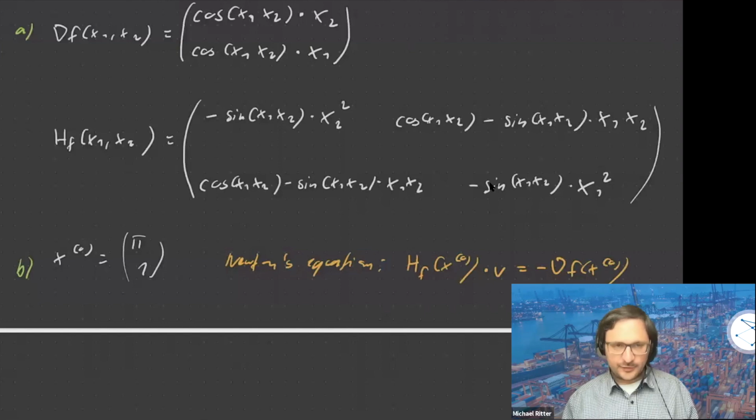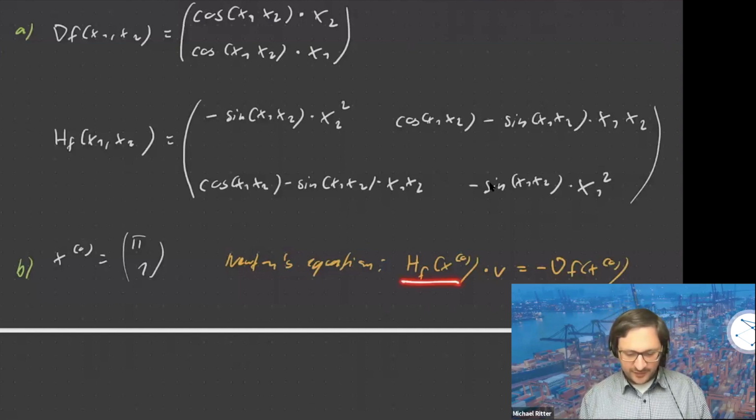So that's Newton's equation. So to write that down for this particular function and this particular x0, all we have to do is compute this value and this value here. Okay, so let's do that.